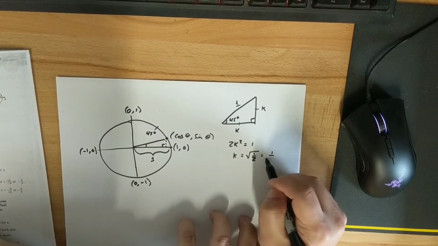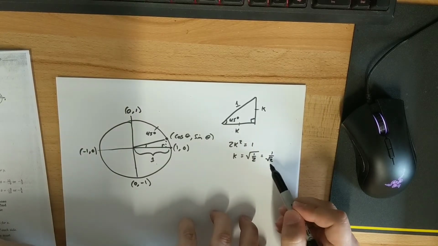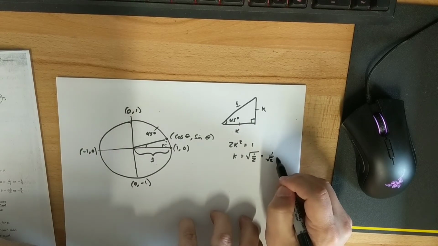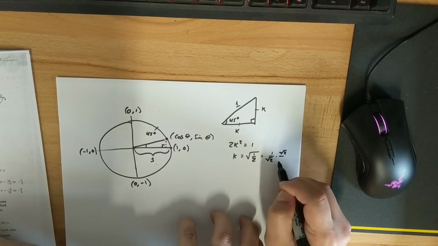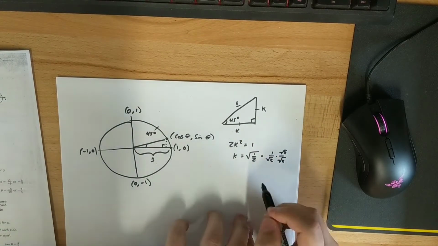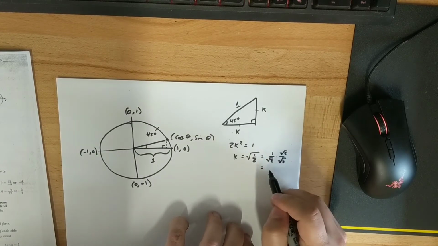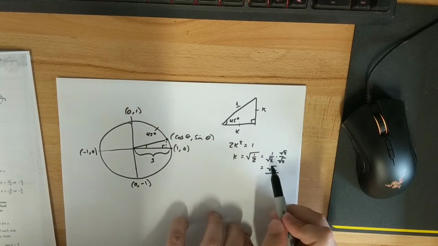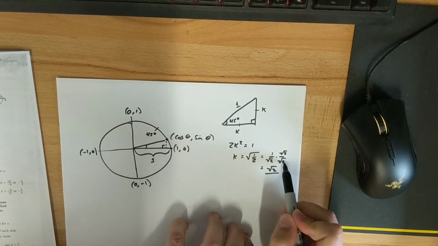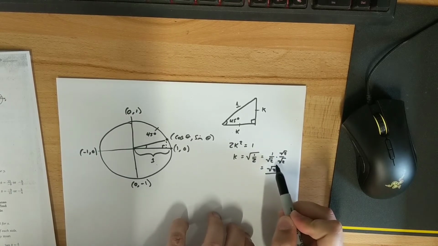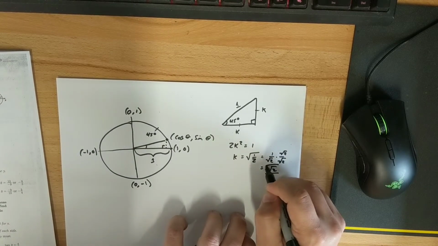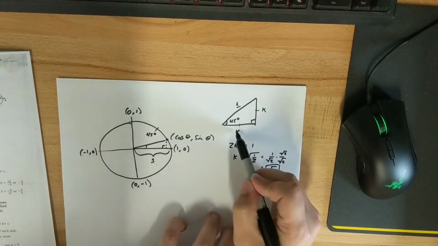It's 1 over the square root of 2, but square roots in the bottom are gross. So we rationalize and multiply by the square root of 2 on top and the square root of 2 on bottom. What we end up with is K equals root 2 divided by the square root of 2 times the square root of 2, which is the square root of 2 squared, which is just 2. So I get this for this and that.